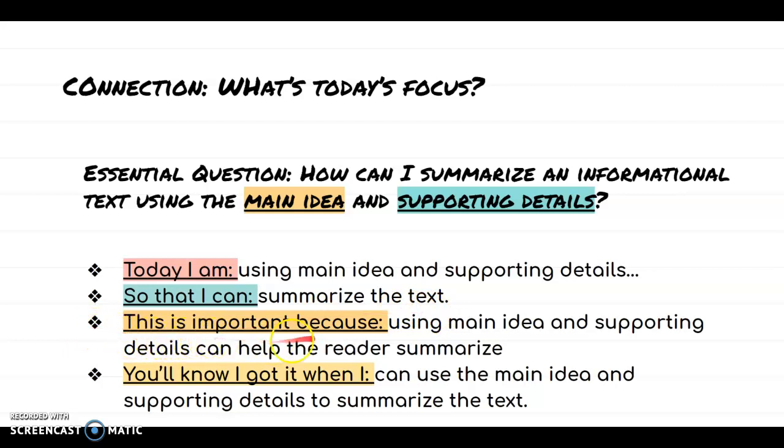This is important because using main idea and supporting details can help the reader summarize. You'll know I got it when I can use the main idea and supporting details to summarize the text.